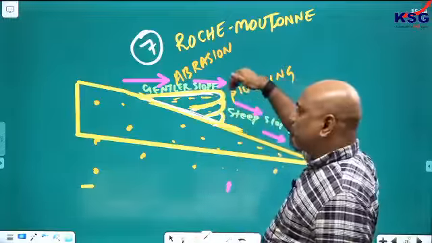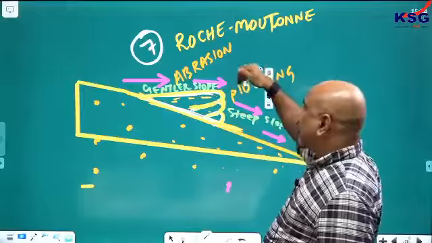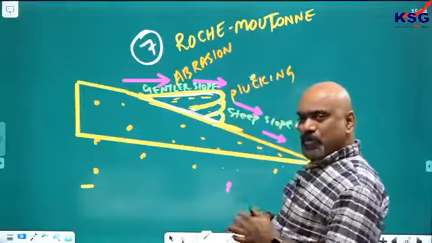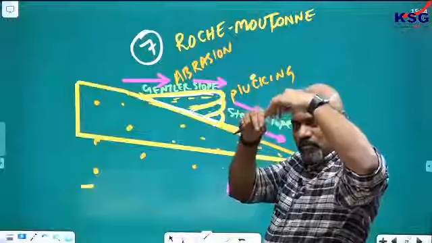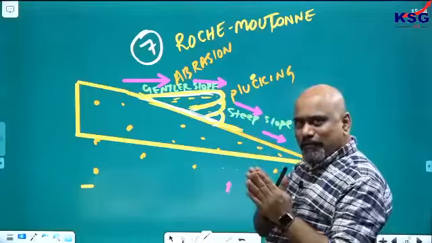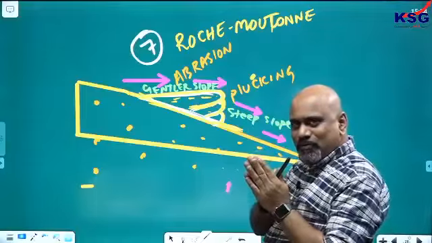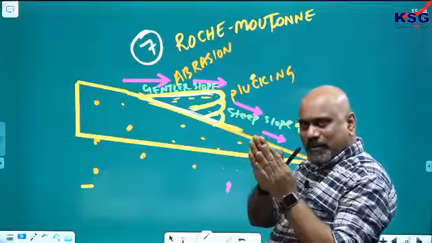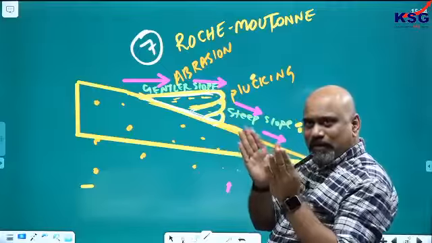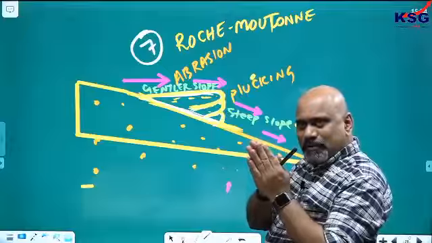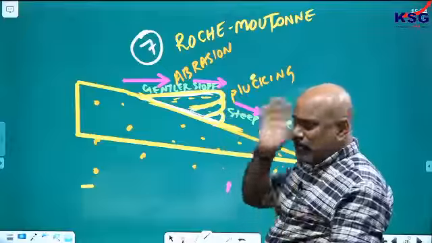Maybe due to ice wedging. When ice melts, the water goes inside the cracks, cools down, immediately forms ice and freezes, and again it will expand. Because of expansion, it will move again and give pressure.